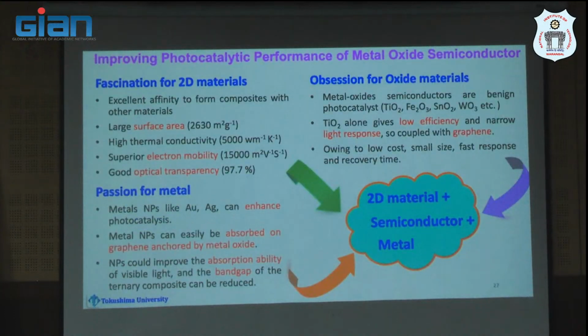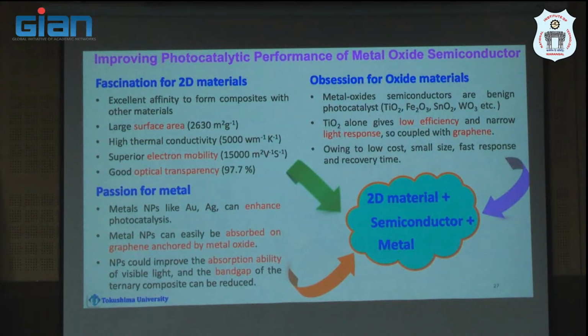So in our laboratory, we have also worked on certain kind of ternary composite. Yesterday, I showed you one of the slides about the synthesis of indium selenide nanocube. We are basically working on two-dimensional materials in our laboratory. Two-dimensional materials are very interesting because of their properties.